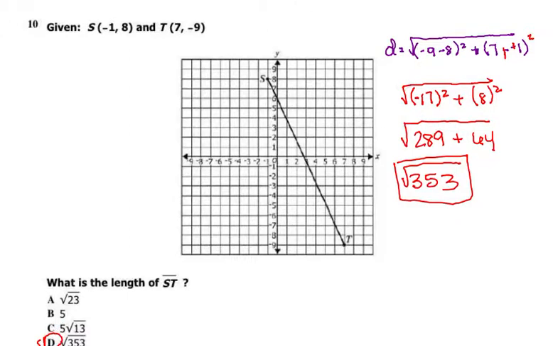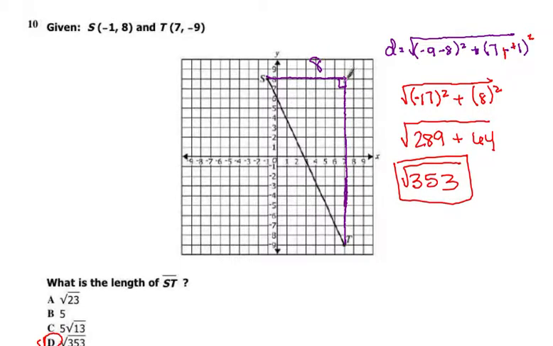Is there another way you could have done that? Oh, you jolly well betcha. Let's form our right triangle. Okay, here's our right triangle. We can do the Pythagorean theorem. We can count how long the triangle is and how tall it is. 1, 2, 3, 4, 5, 6, 7, and 8.